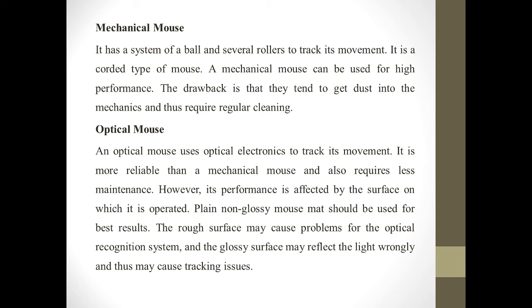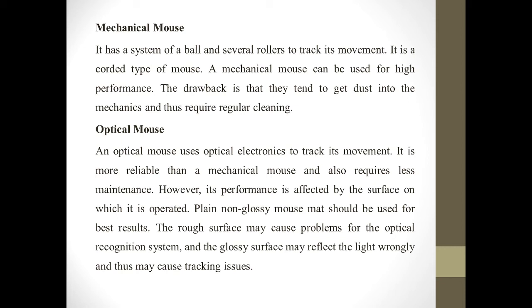So we will go one by one. What is a mechanical mouse? It has a system of a ball and several rollers to track its movement. It is a corded type of mouse. A mechanical mouse can be used for high performance.